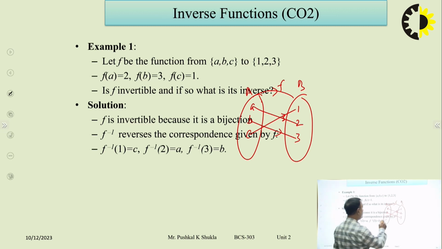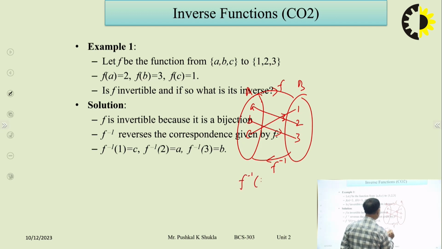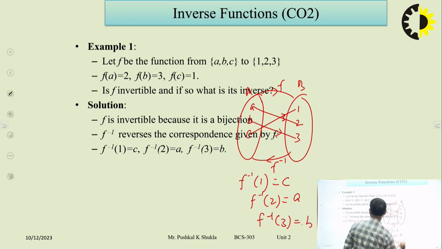Definitely it is one-one and onto also, so the inverse exists, and f inverse of 1 equal to c, f inverse of 2 equal to a, and f inverse of 3 equal to b, like this.